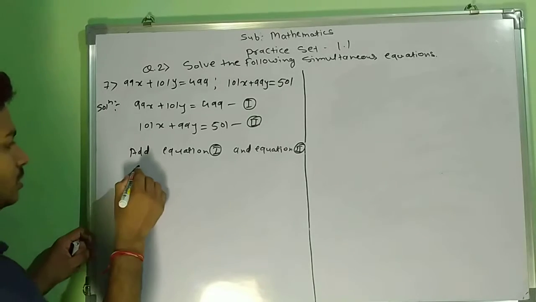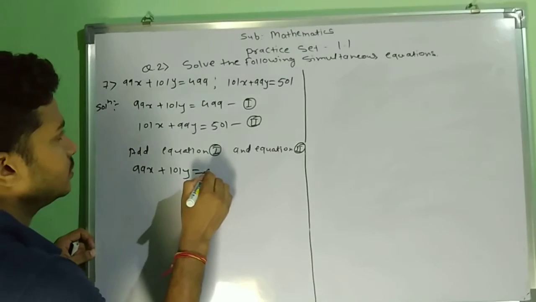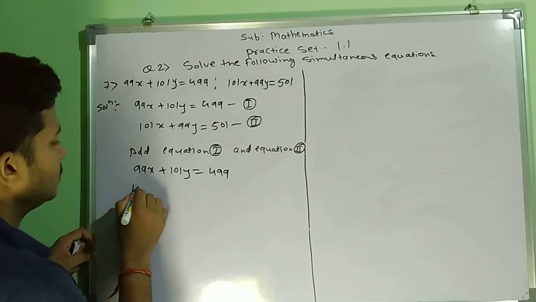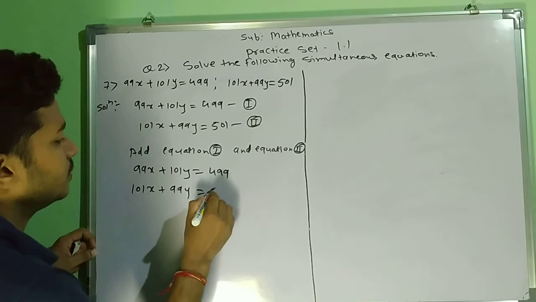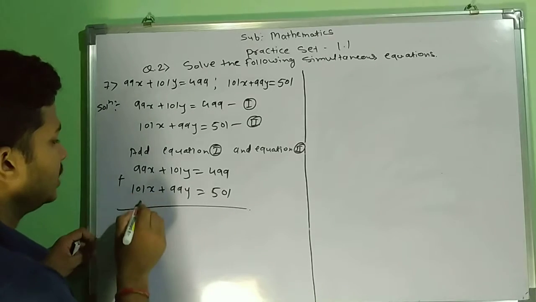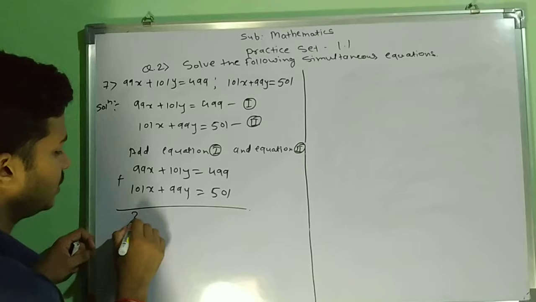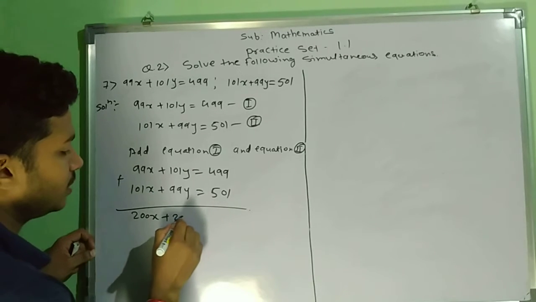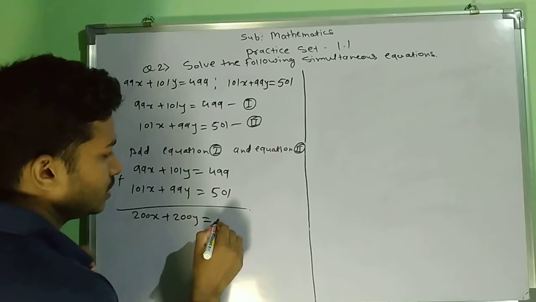So 99x plus 101y is equal to 499, and equation number 2 is 101x plus 99y is equal to 501. Now we have to add those equations. 99x plus 101x will be 200x, 101y plus 99y will be 200y, which is equal to 499 plus 501, which is 1000.